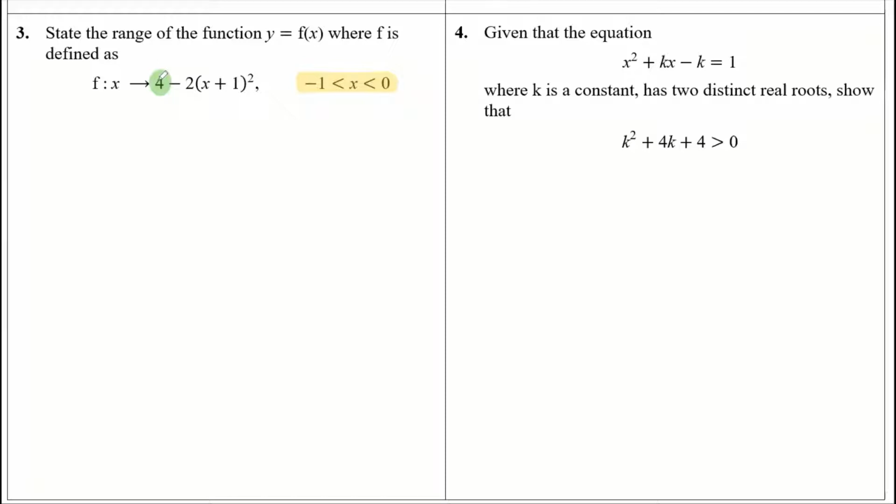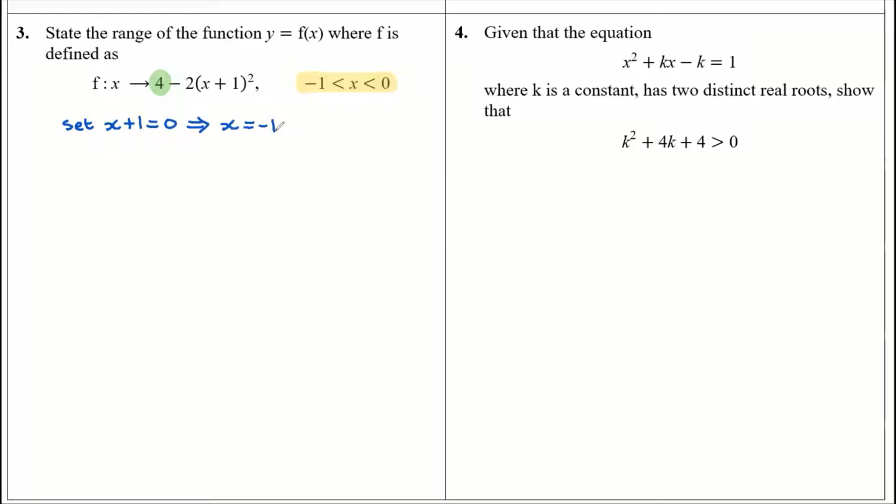So if we sketch this function, we can see a few pieces of information before we do. There's a mirror line. If we set x plus 1, which is inside the bracket, equal to 0, that gives us the equation of the mirror line. In other words, x is equal to -1.